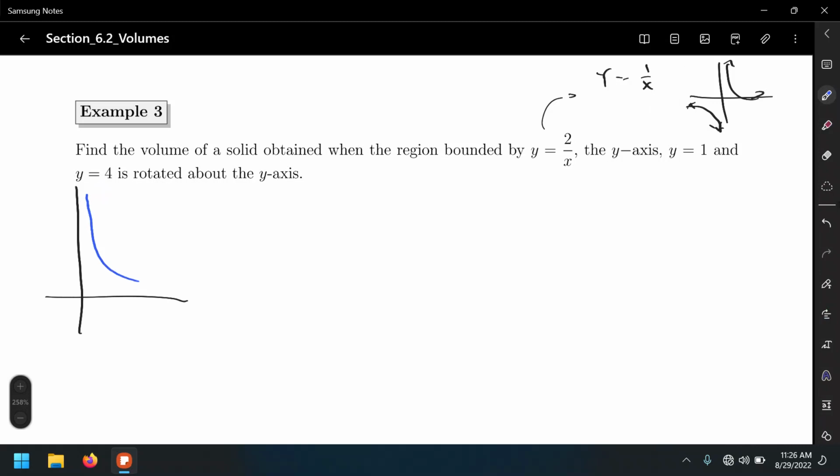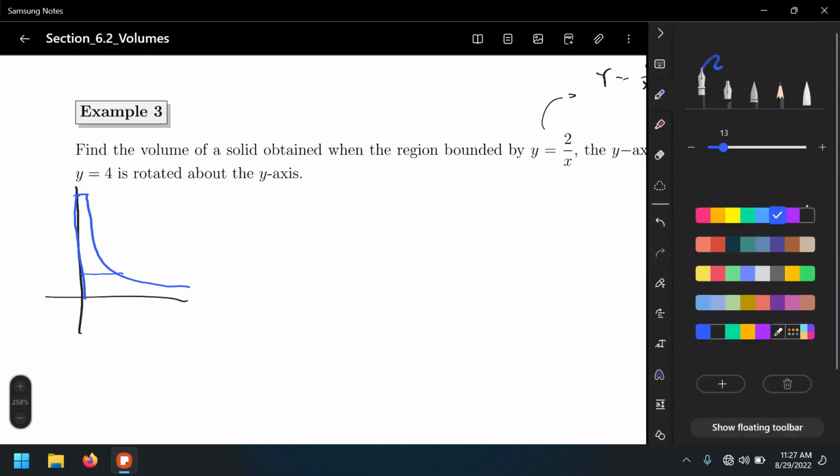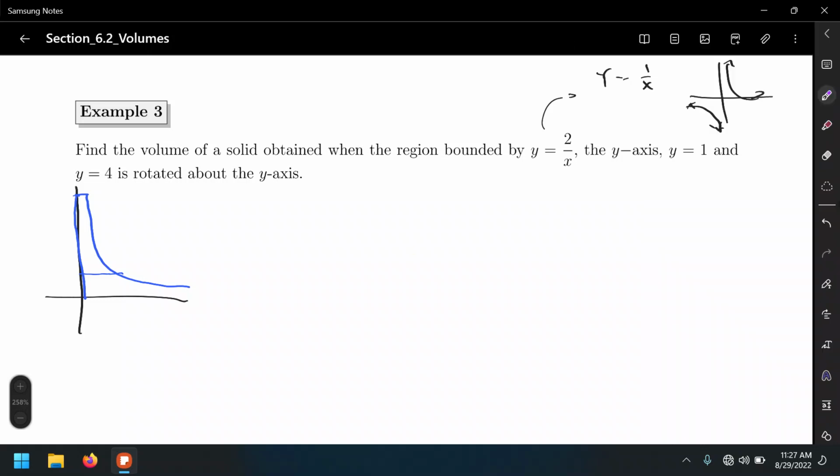So it's going to be 2 over x, the y-axis, y equals 1, which is a horizontal line, and y equals 4, which is another horizontal line. So that's the region of rotation, and in this case, it's not about the x-axis, it's going to be about the y-axis. So the end result, in this case, is going to be a graph that looks like this.